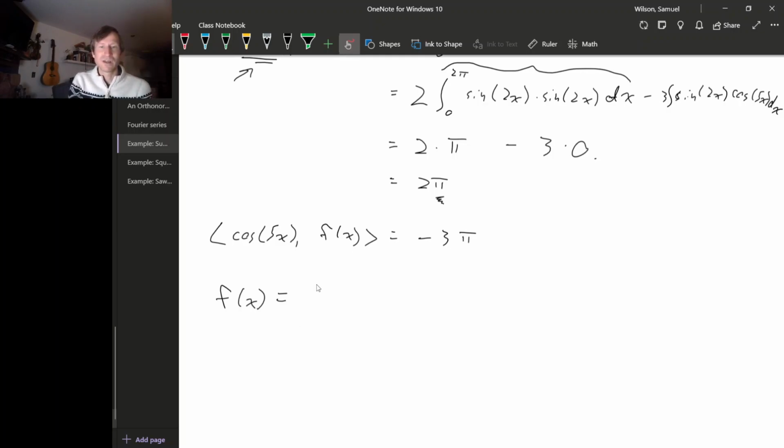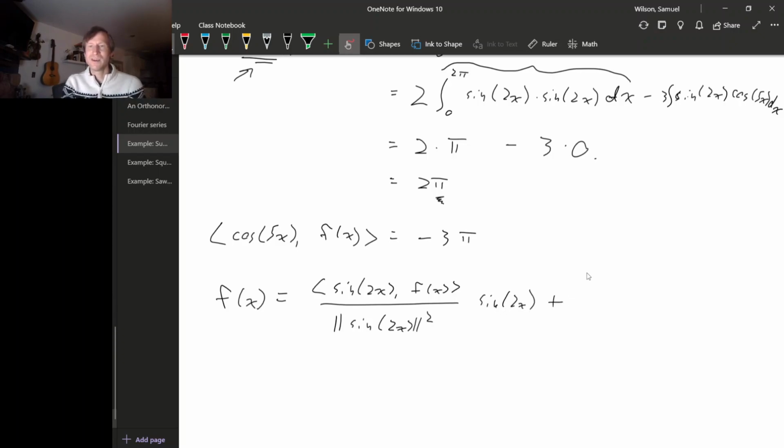So there's the term with the inner product with sine 2x, and then we have to divide this by the square of the norm of sine 2x, and then multiply by sine 2x, okay, plus, and then the same thing but for the other non-zero term, which is the one coming from cosine 5x. The inner product with f of x, and then divide by the square of the norm of cosine 5x times cosine 5x.